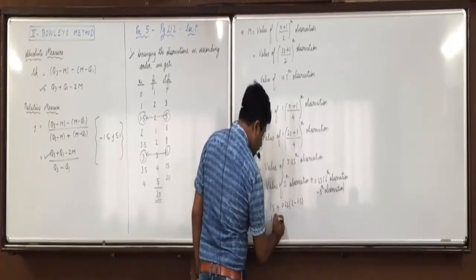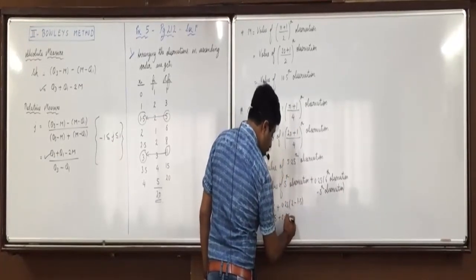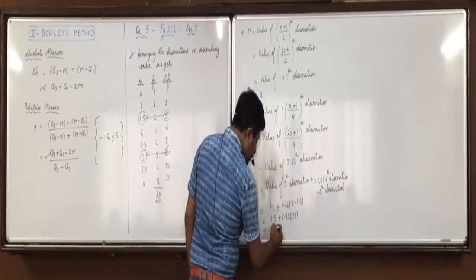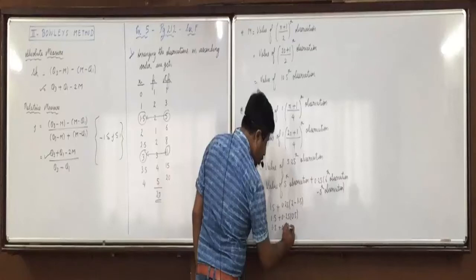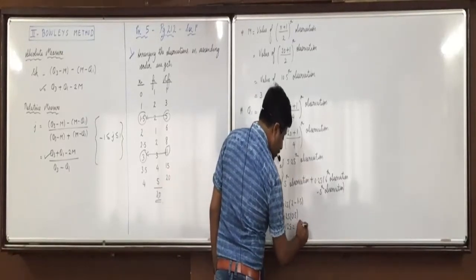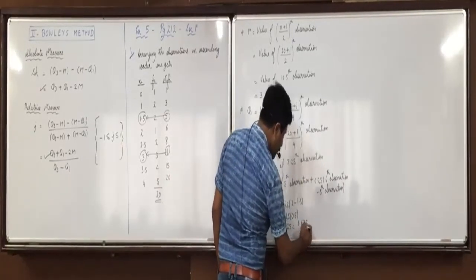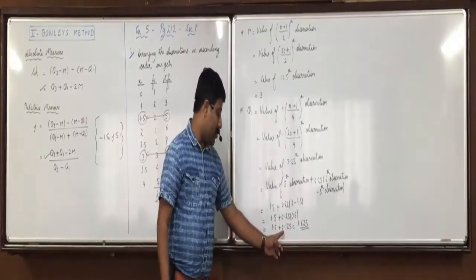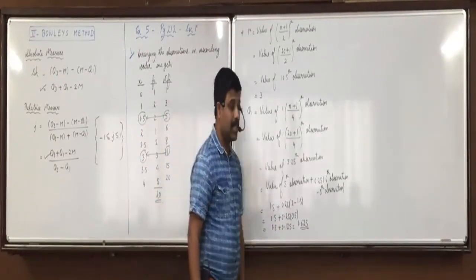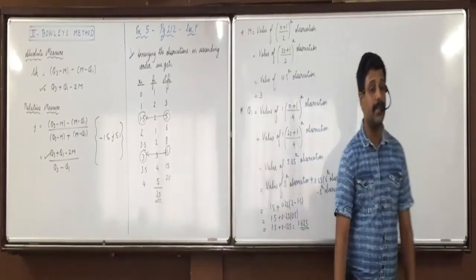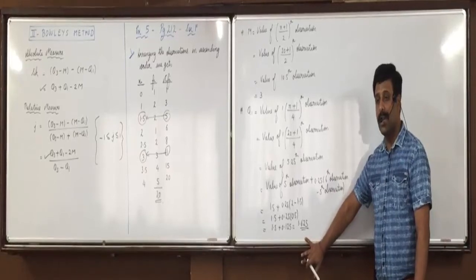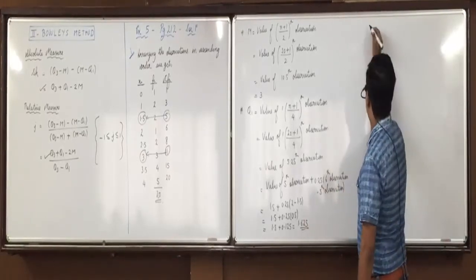So 1.5 plus 0.25 into 0.5. 0.25 into 0.5 is 0.125. 1.5 plus 0.125, 1.625. Did everyone understand this? Any doubts? All are clear?